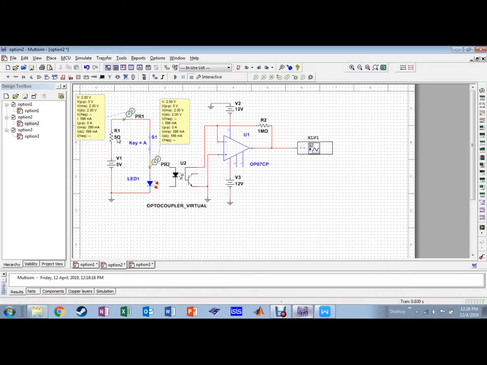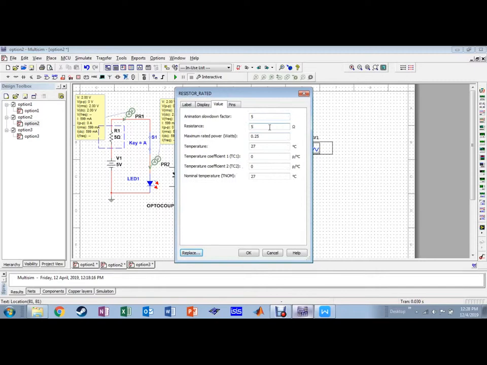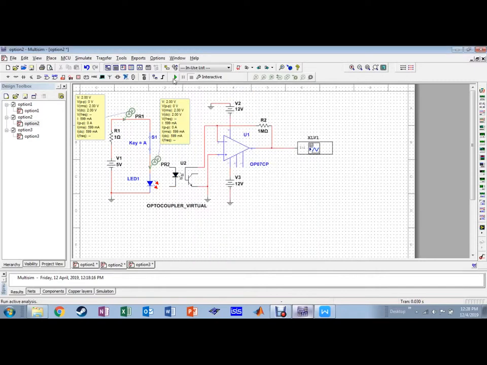Let's try 1 ohm. 2.09 volt, 2.91 ampere. So these are the current and voltage for both points E and C. We need to change the resistor from 10 to 0 ohm. So that's for option 2, which uses an optocoupler.